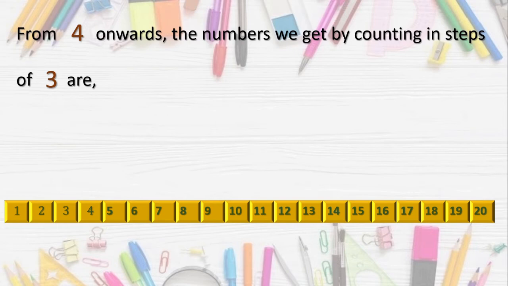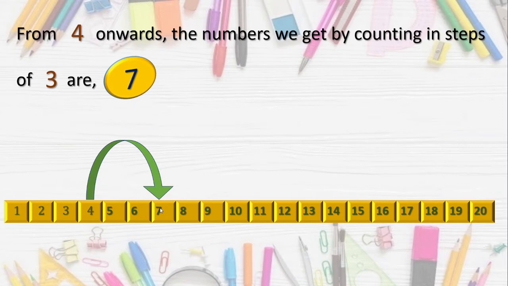We have to start from 4. Number 4. Okay. From here. And counting in steps of 3. We'll begin from 4 to 7, right? Counting in steps of 3 means we get 7, isn't it? 4, 5, 6, 7. 3 numbers, right? So we'll write 7 here.